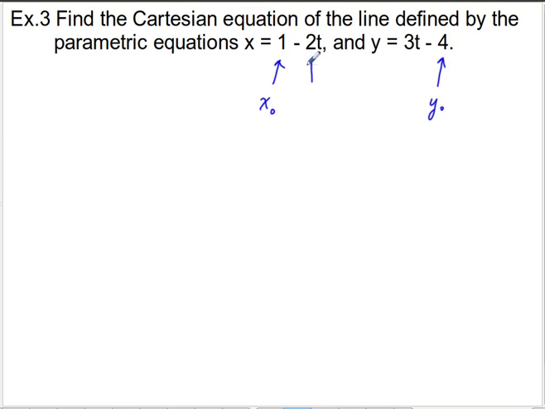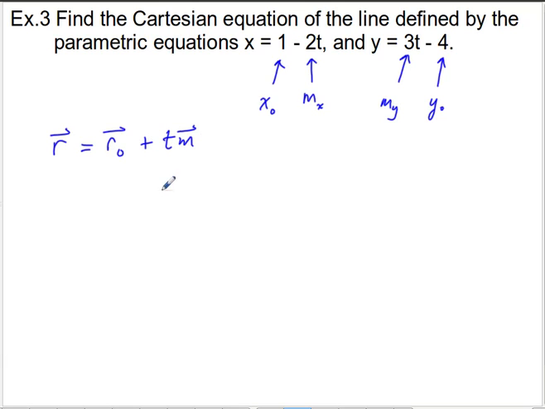And then this one gives me my direction vector in the x, and this one gives me my direction vector in the y.